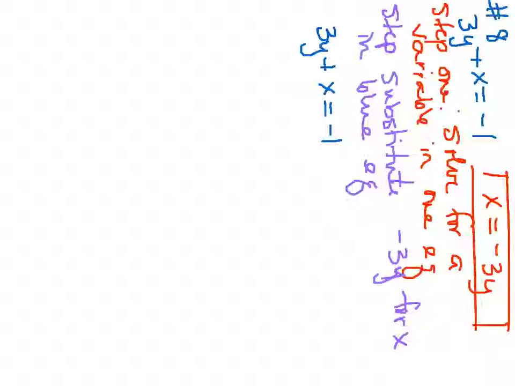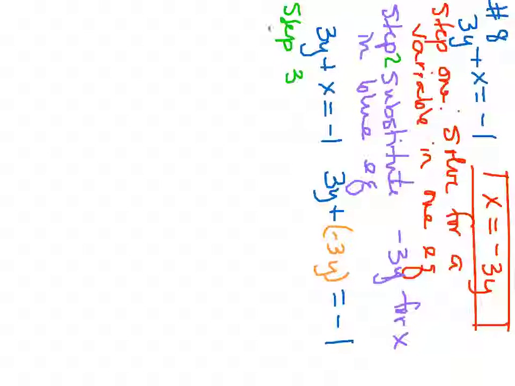When we make the substitution, we get 3y plus, and here's our substitution now, negative 3y is equal to negative 1. So that was step 2. Let's go ahead and do step 3.